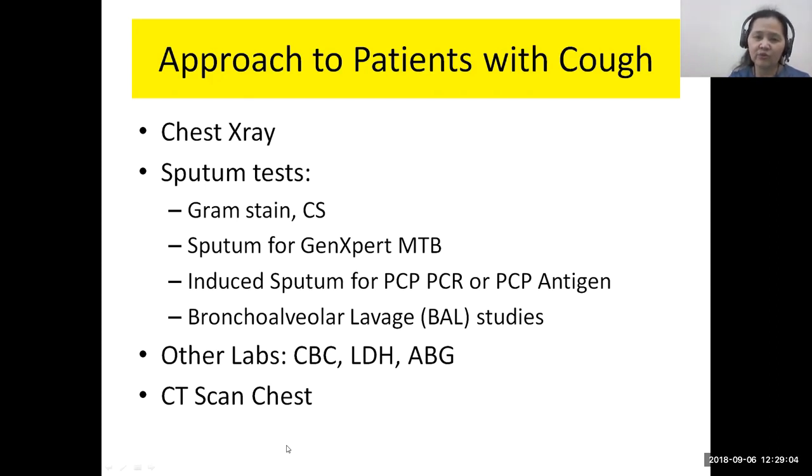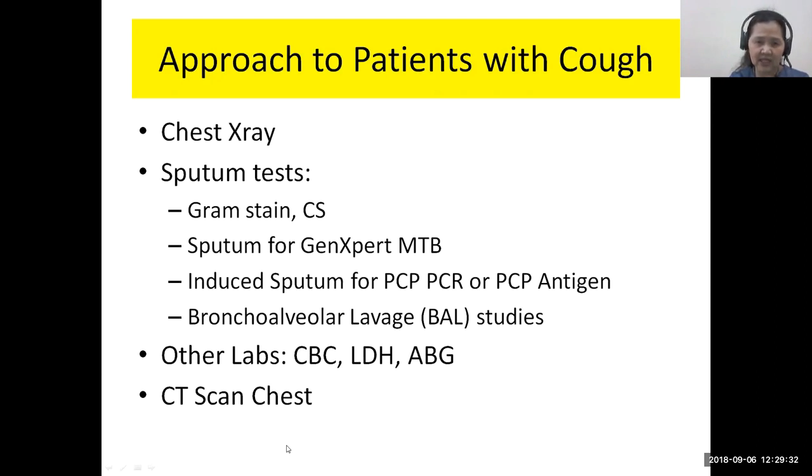It's very good to have access to a chest x-ray. And then, of course, you'll have to test his sputum or any kind of respiratory secretions. Usually we send it for gram stain and culture because bacterial etiology is still up there as a possible cause of this cough.